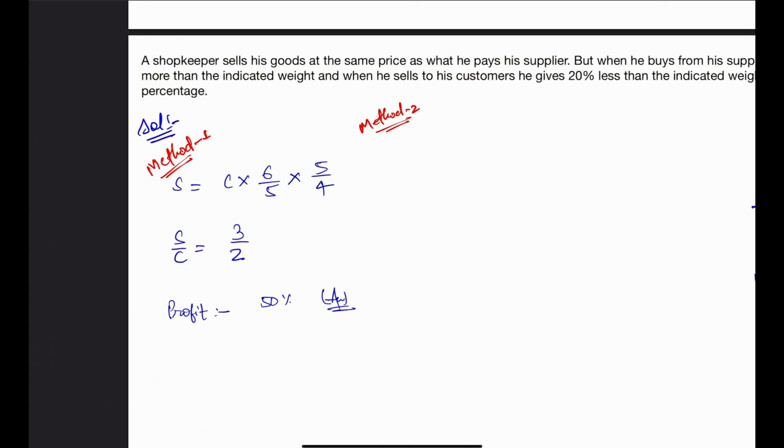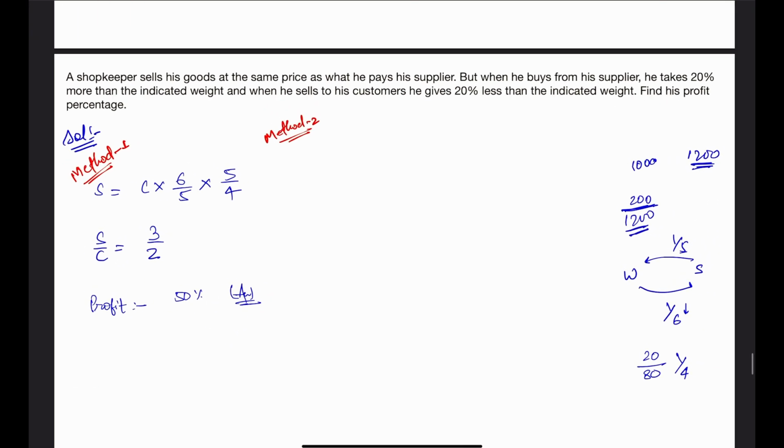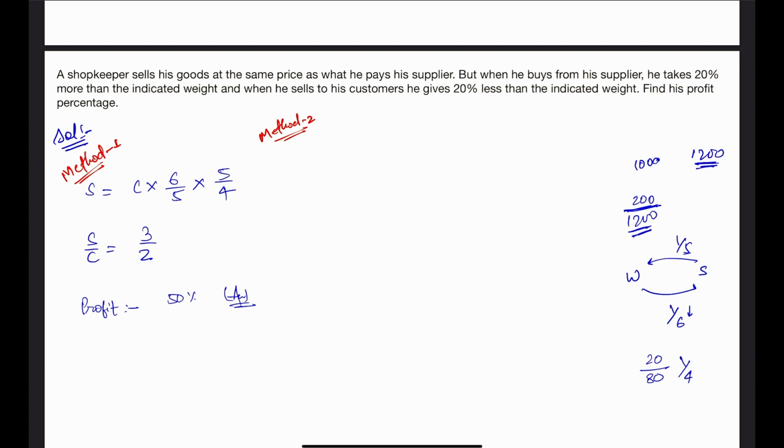So the question is saying that a shopkeeper sells his goods at the same price as what he pays his supplier. Okay, so money is not the issue over here, but when he buys from his supplier he takes 20% more than the indicated weight.